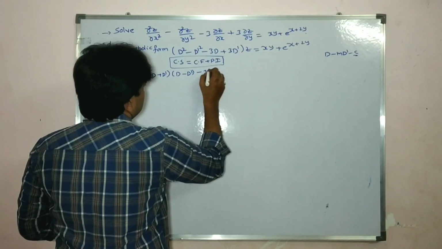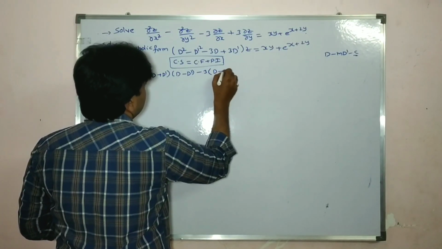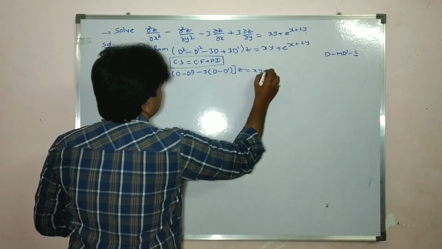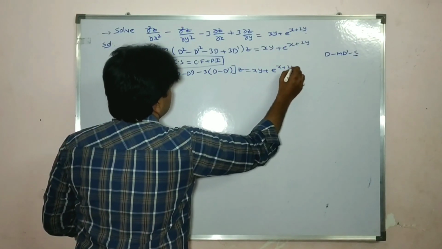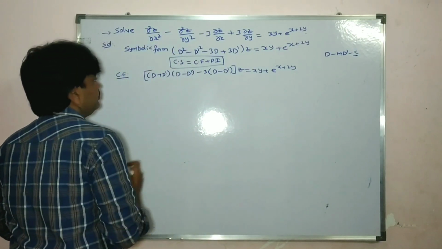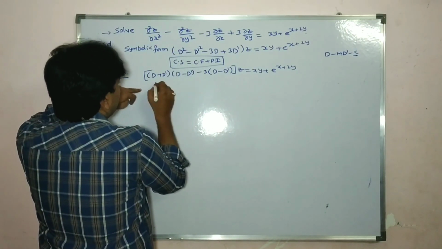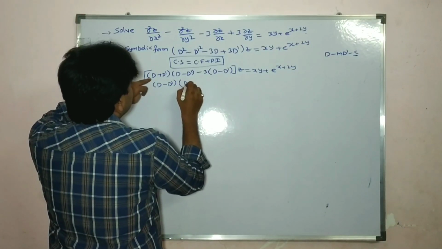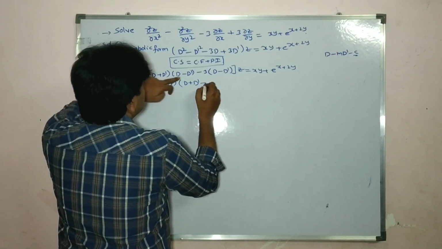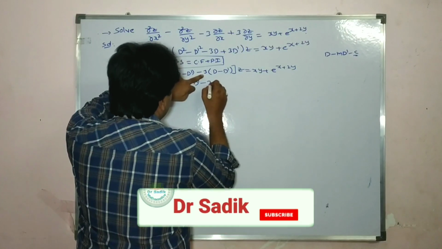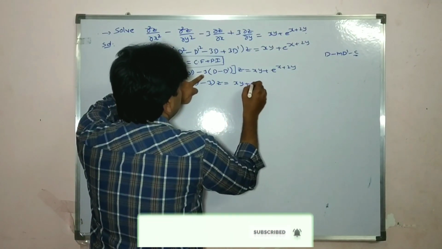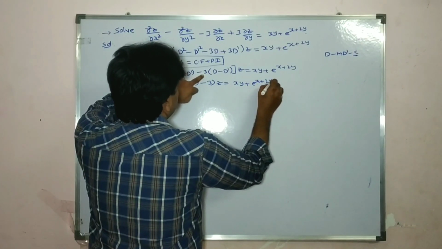So D minus D dash into z equals xy plus e power x plus 2y. Now here you can take D minus D dash in common, and you get D plus D dash minus 3 into z equals xy plus e power x plus 2y.